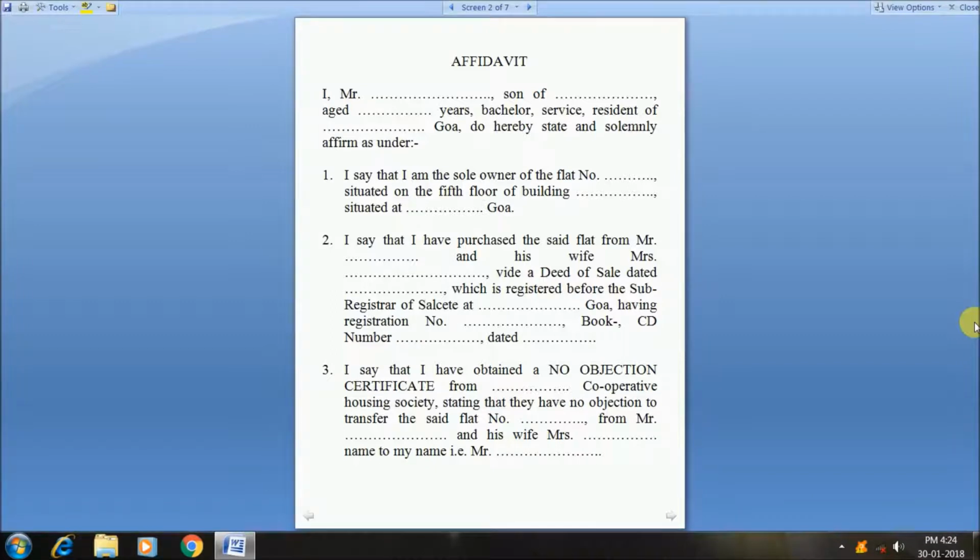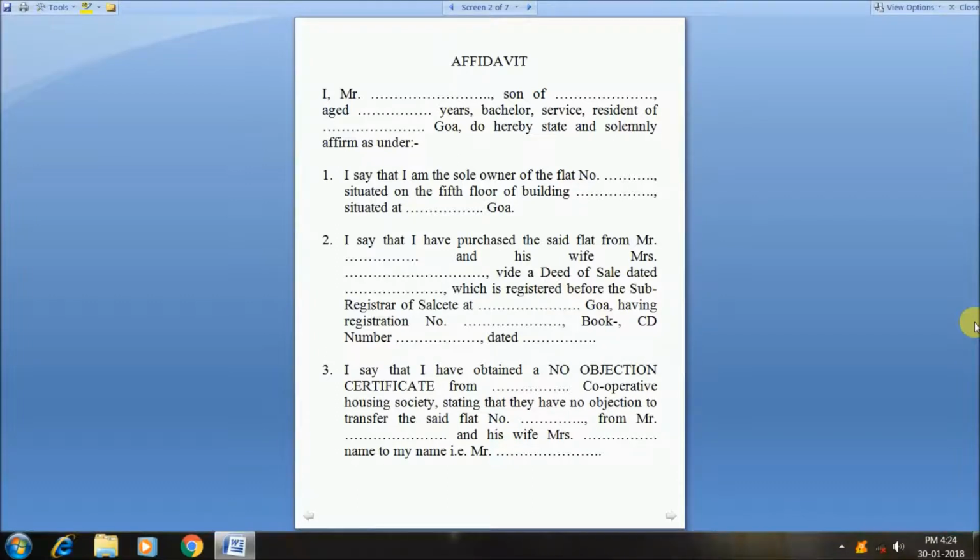Of course that will not be a strong defense, but that can also be a defense. Therefore, in an affidavit it is always required that the prefix "I say" is put before every statement that is made.